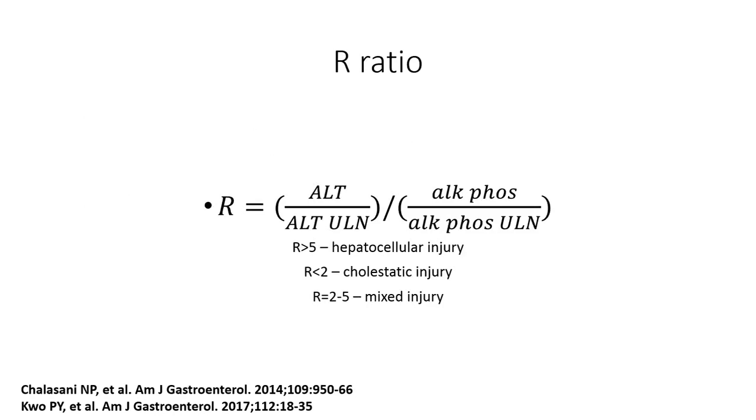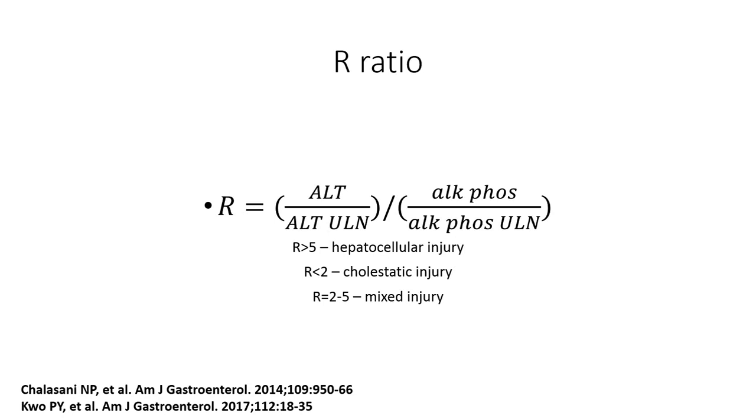You can put it in a fancy R ratio, which is actually a ratio of ratios. In the numerator you will see ALT over ALT upper limit of normal, divided by alkaline phosphatase over alkaline phosphatase upper limit of normal. So if you like math, that's what you can do.